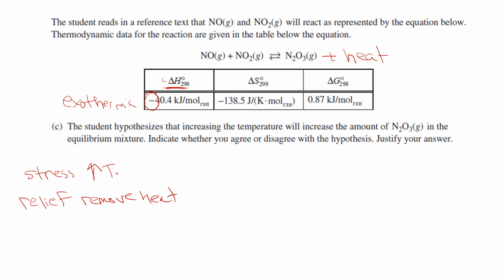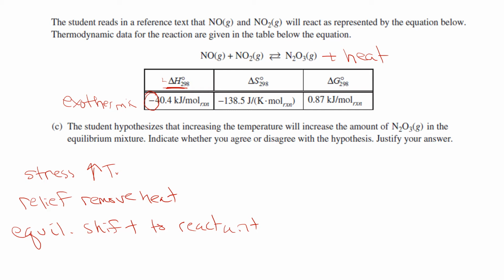And the way I would remove heat is my equilibrium would shift to the reactant side, because it is an exothermic reaction. I am not producing heat if the reaction proceeds in the reverse.